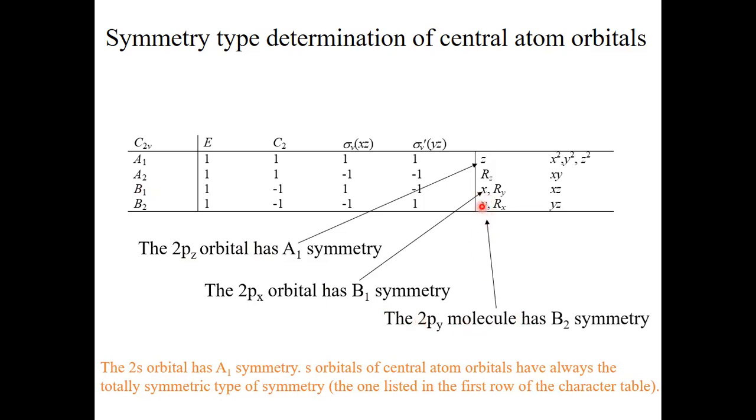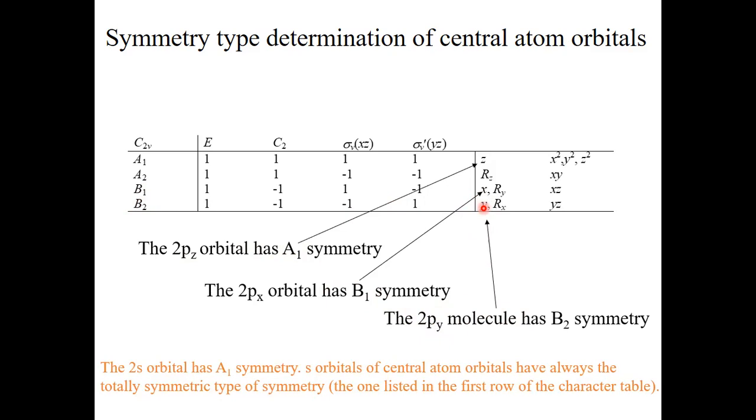And you see that the letter y is in the irreducible representation of the symmetry type B2. Therefore, you know that the 2py orbital, the label here is actually wrong, that has to say orbital, has the symmetry type B2.